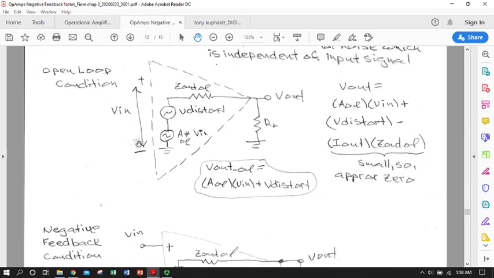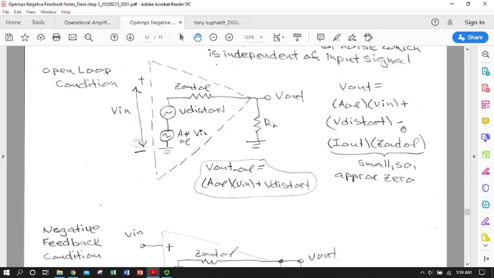That's assuming one of those is probably our inverting terminal is at ground, and so we have signal coming in, so V difference is V in. Made it real simple. Then we have a bump up due to our distortion voltage source, the thing we don't want, and then we'll drop our voltage by whatever current is flowing through our Z out open loop, and here we are at our output.